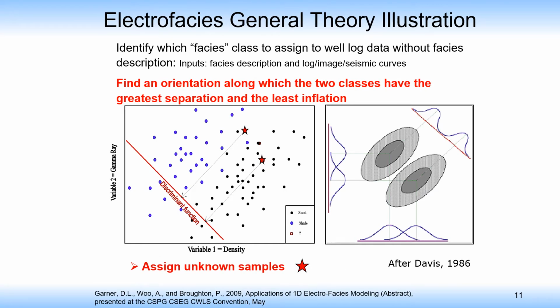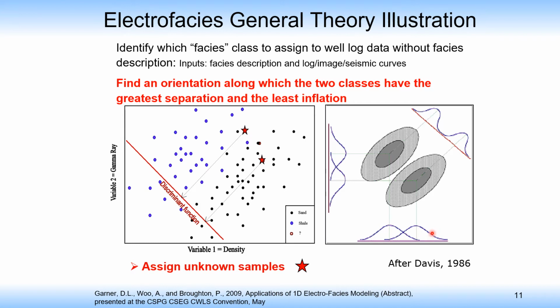So electrofacies, the general idea is that we have some identified observations. There's facies named, identified. We have new samples. So here we have density and gamma. We've got 2 new samples. And we want to find which facies these new samples belong to. So really the idea is that we have these clusters, and in a single variable we don't discriminate them.